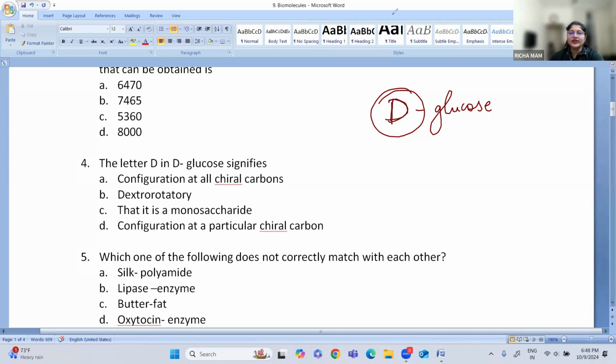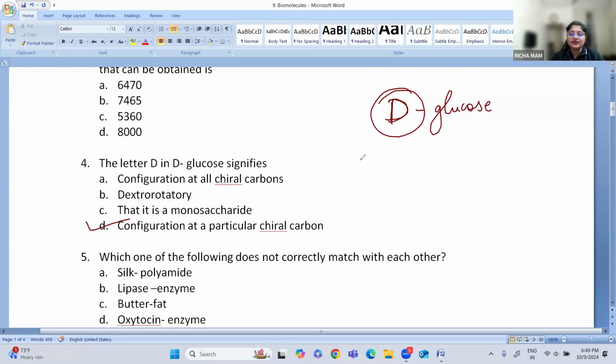When we select the compound, we know that glyceraldehyde is taken as the standard. When you see the standard configuration of glyceraldehyde, D is used to tell you the configuration at a particular chiral carbon.